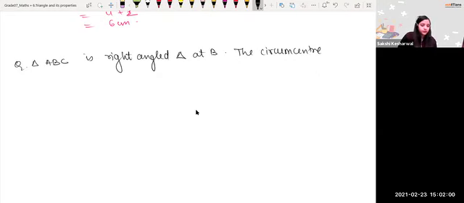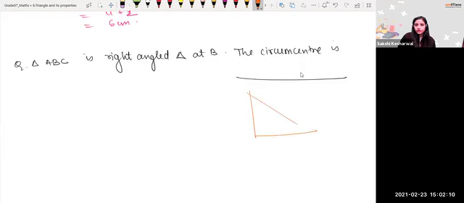Just now we studied that in a right angle triangle, this is B, this is A, and this is C, the circumcenter lies on the midpoint of the hypotenuse, yes or no? So you will write midpoint of AC. That's your answer. That's all you have to do.